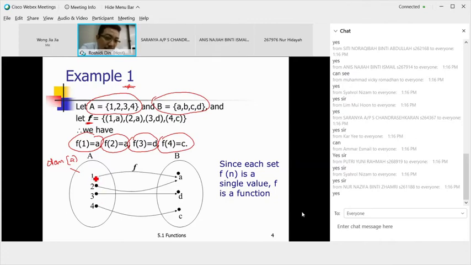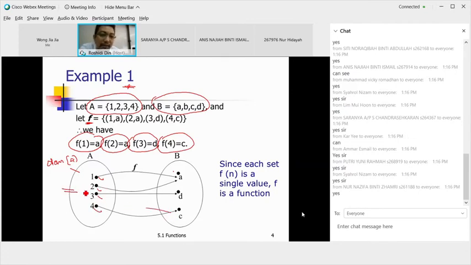For example, here in A, value 1 has one mapping, so it can be a function. 2 is a function, 3 is a function, 4 is a function. Only one goes out, but coming in can be 2 or 3, can be 1. Here A can come from 1 and 2, D from 3, C from 4.